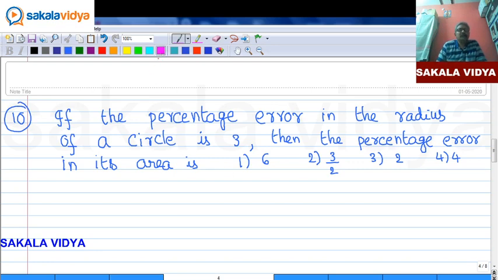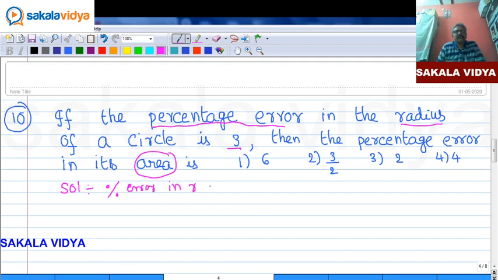So now the percentage error in the radius of a circle is 3. The percentage error in its area we need to find out. Here solution. What is given means percentage error in R, radius given.